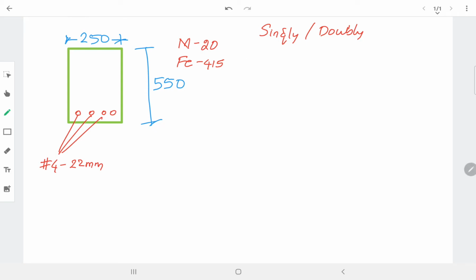The problem is this: you need to find out the moment capacity, that is the unknown value.